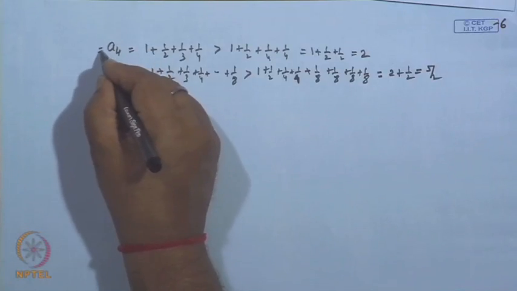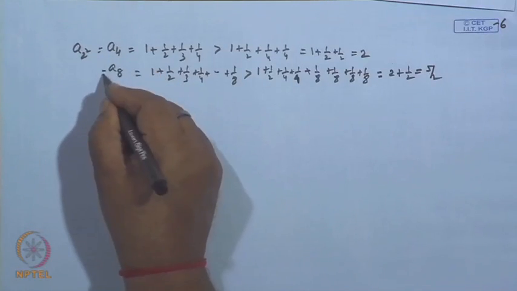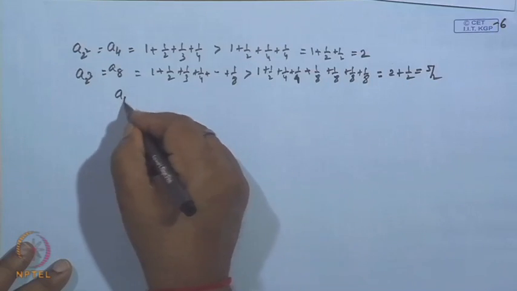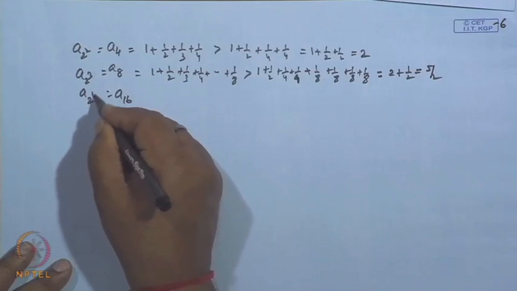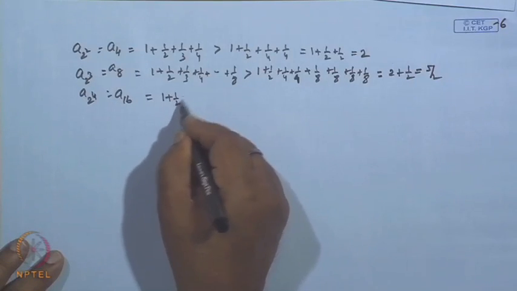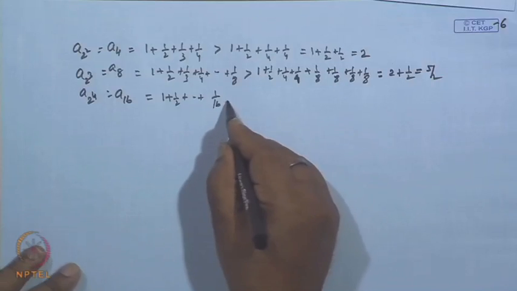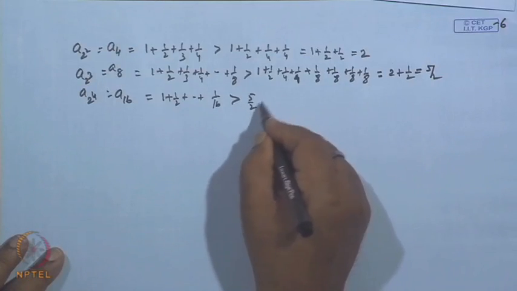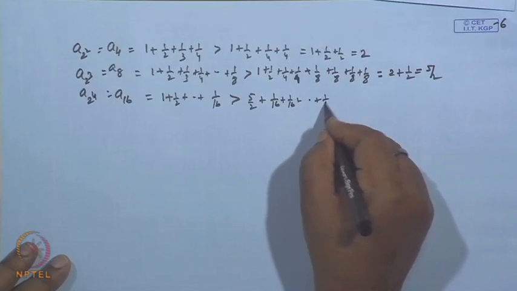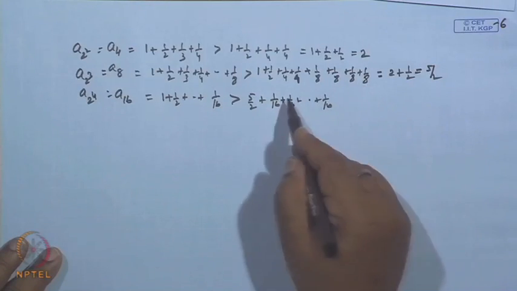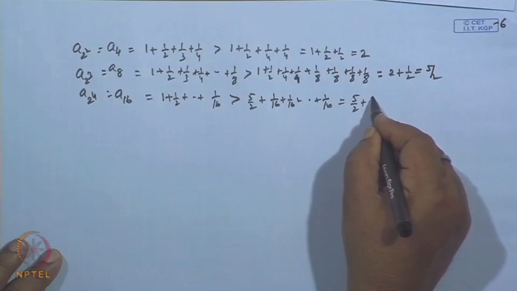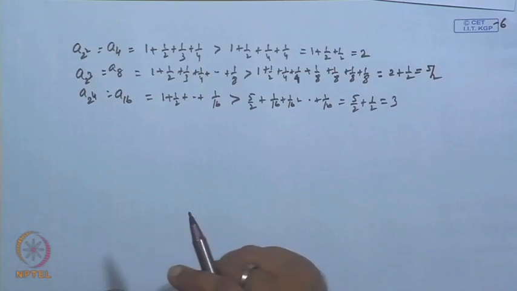Okay. It means this is a2 square, this is a2 cube. Okay. So, if we take a16, that is a 2 to the power 4, then we get this is equal to 1 plus half plus up to 1 by 16. It is greater than 5 by 2 plus 1 by 16, up to 1 by 16, means up to here 8 terms, and then this 8 terms. So, it is equal to 5 by 2 plus half, that is 3. Okay.